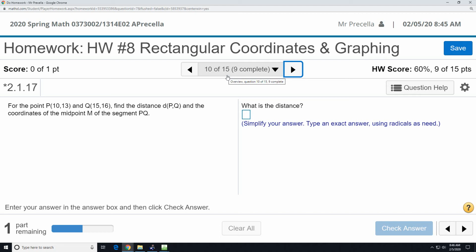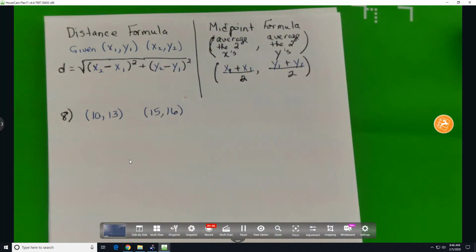When I look at this, the stuff I pull out of the problem is distance, 10, 13, 15, 16. I've just written down those two points.